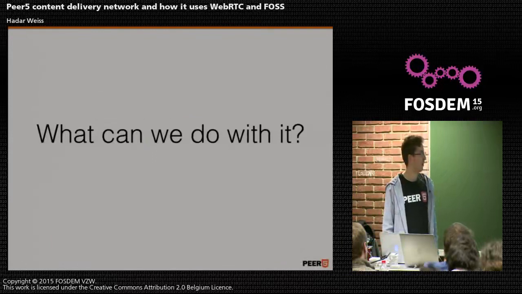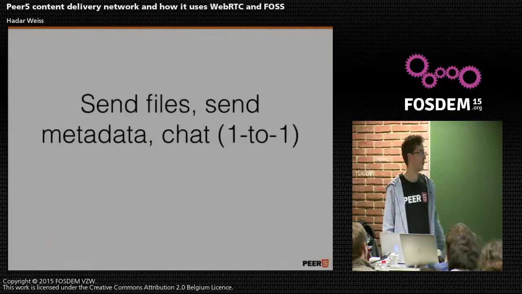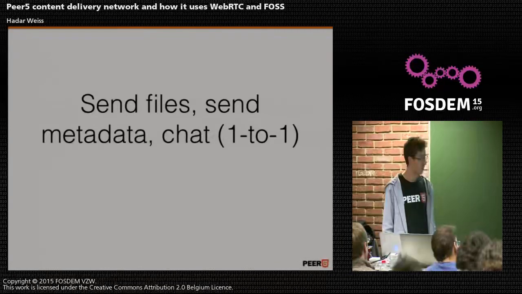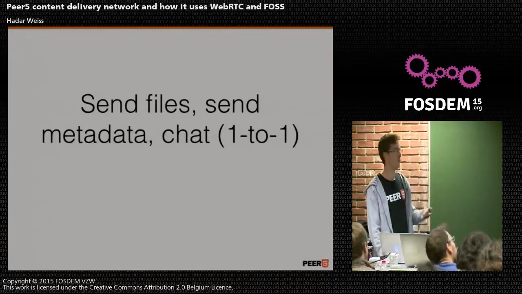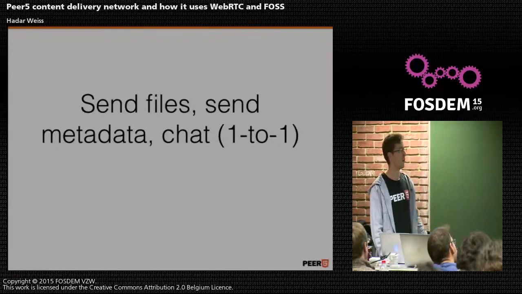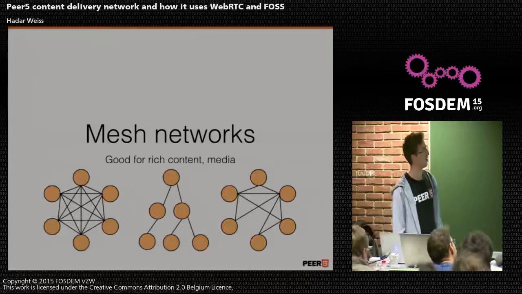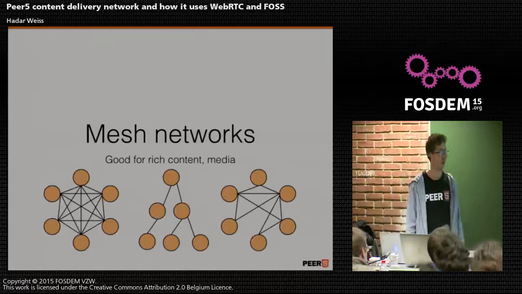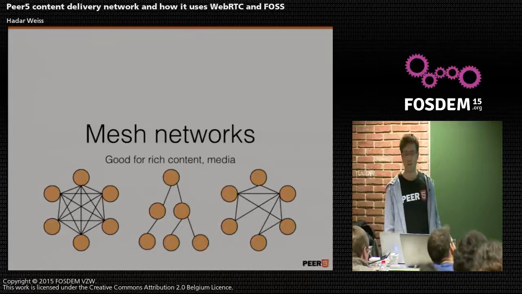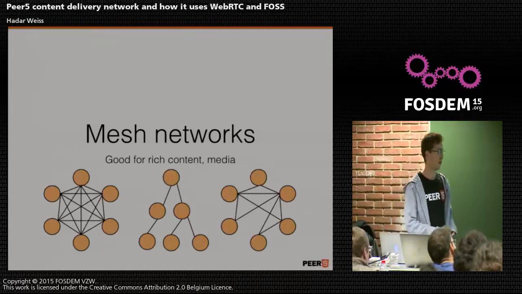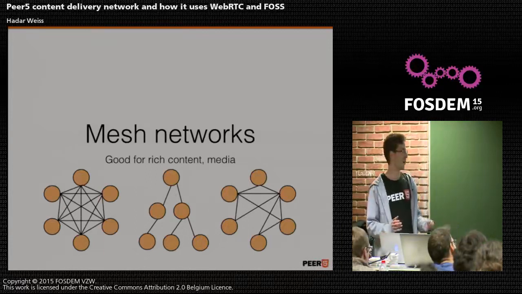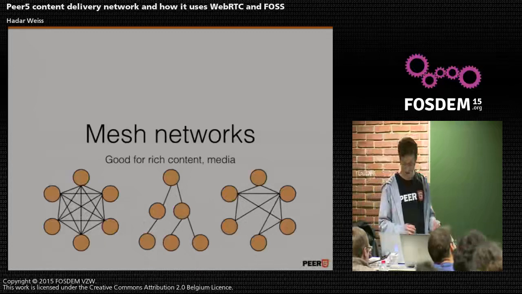What can we do with it? These are the trivial use cases: send files, send metadata in games or other things, text. But we're talking about media today, and for media, we probably need a mesh network, which is a network with more than two nodes.